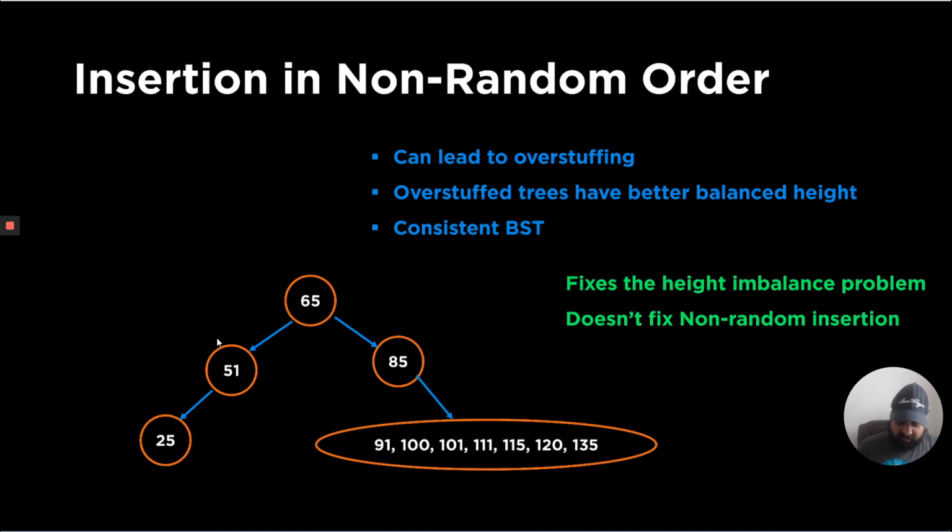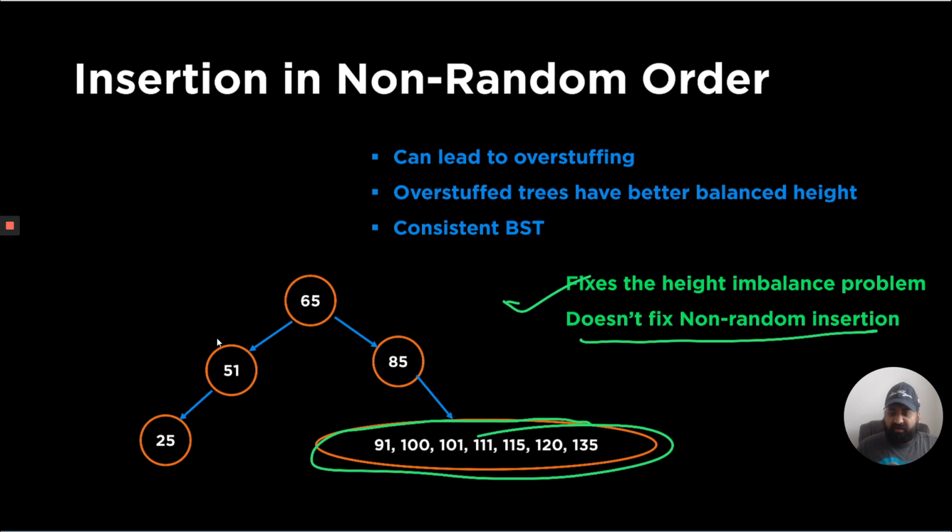So it didn't fix the non-random insertion, but it did fix the height imbalance problem, which is that now the height is more consistent. But still, if we have non-random insertions, our leaves will start to look more overstuffed. How we can fix that is by placing a cap on the number of elements that are structurally present in a node.